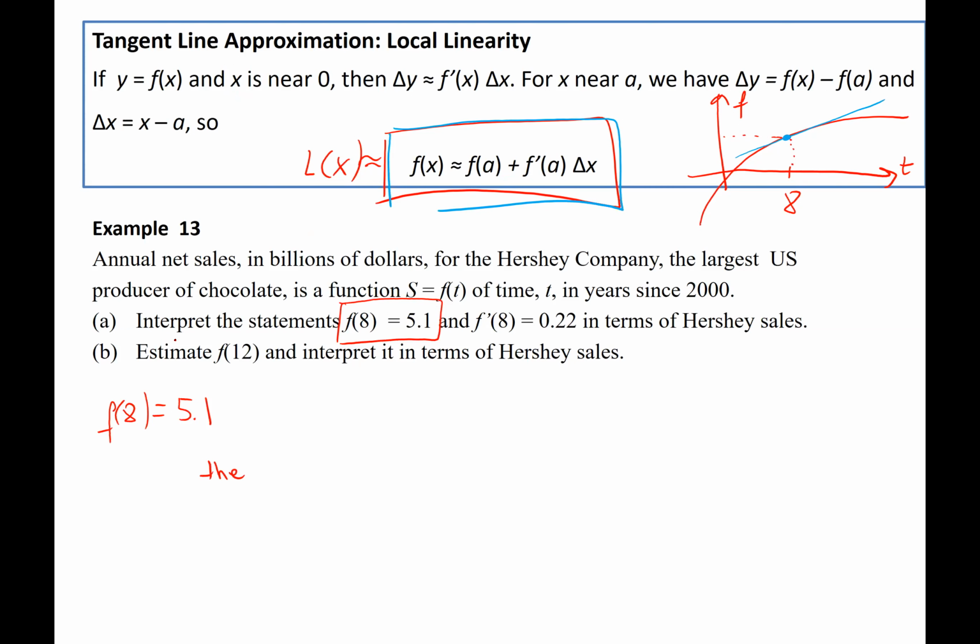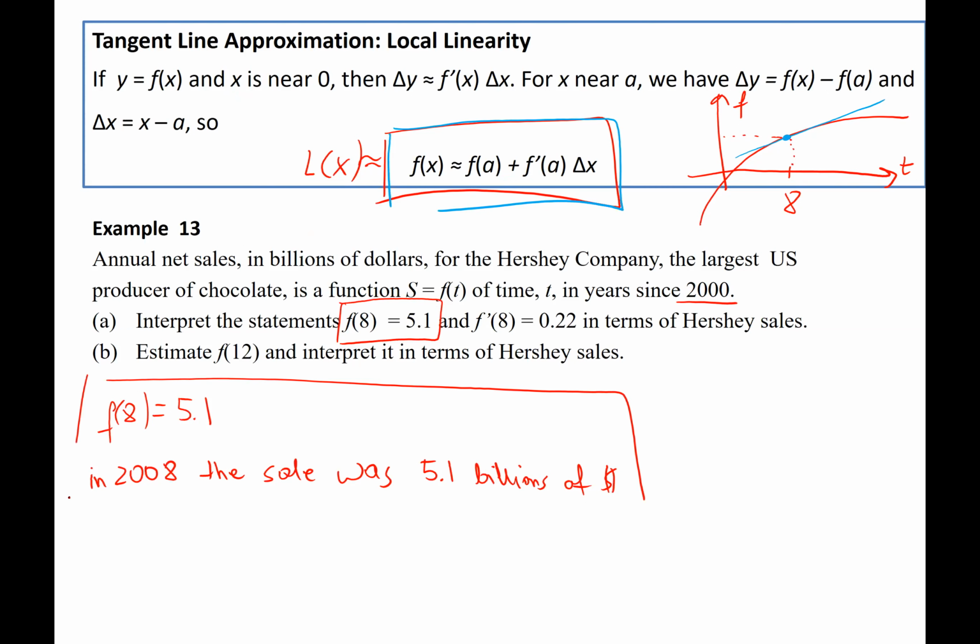This is not a derivative. Yes, of course, it was 5.1 billion in 2008. That's my point also: 8 means that we moved 8 years since 2000. That means in 2008, the sales were 5.1 billion. Wow. Billions of dollars, of course. Okay, now we have the interpretation of this.